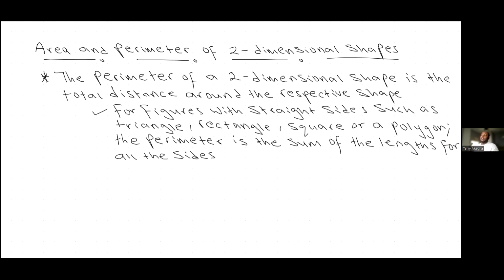Then this is a little bit different for area. If it's the area of a two-dimensional shape, we're looking at the space that's enclosed within the perimeter, okay?